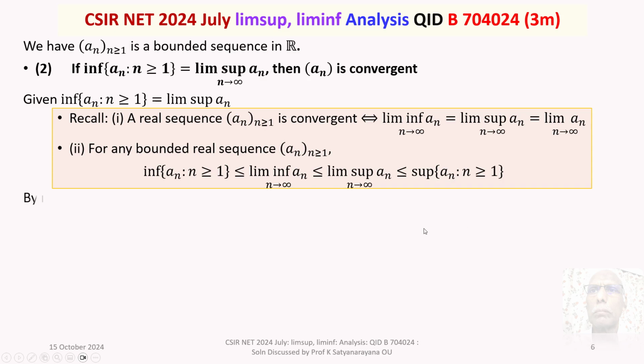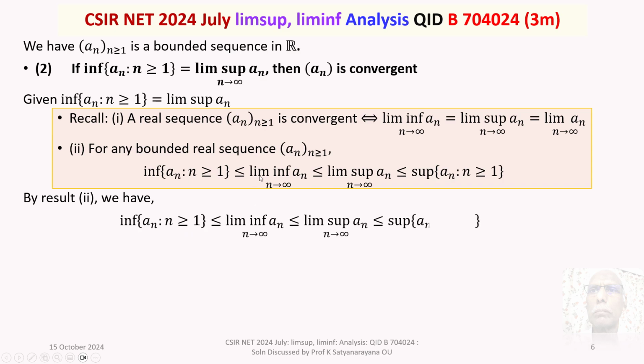Now, by result 2, we have infimum of a_n is less than or equal to limit inferior of a_n, less than or equal to limit superior of a_n, less than or equal to supremum of a_n. The above result we have quoted.